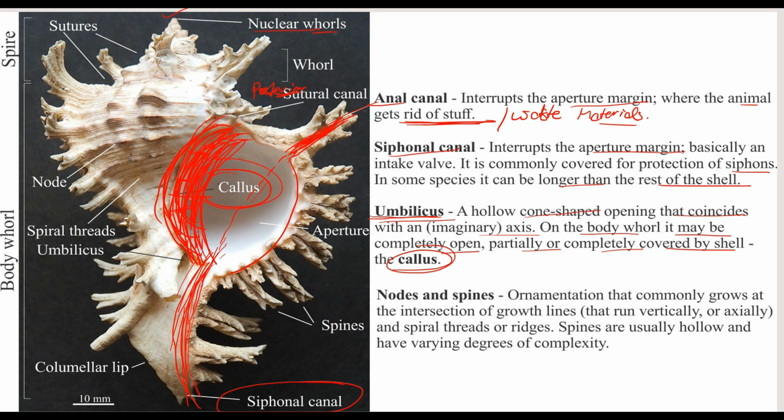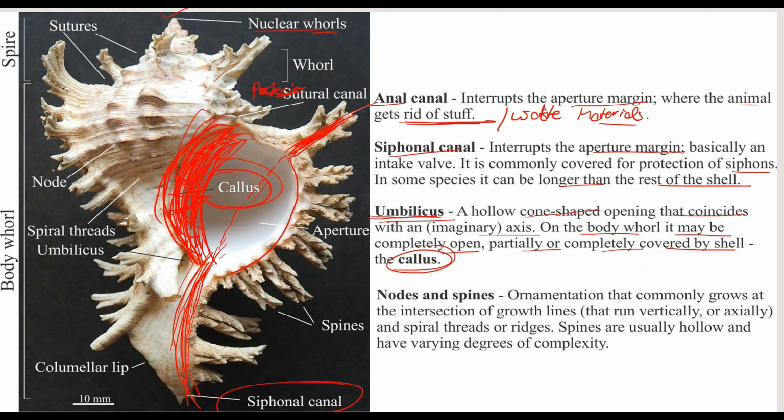So callus is also very important, because sometimes we get confused about which phylum the term callus belongs to. So remember, callus comes under the gastropoda shell and is a feature of the gastropoda shell. It is a thickened deposit of shell substance on the anterior part of the inner lip.